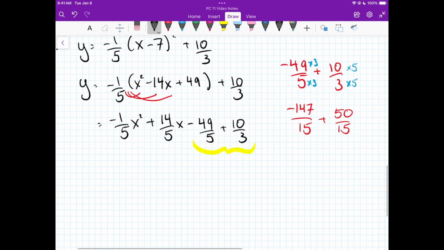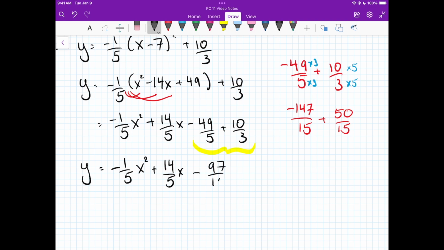And when you put those together and slot them back into the question with the rest of the equation, we've got negative 1 over 5 x squared plus 14 over 5x minus 97 over 15. And there we go. It's in a pretty ugly looking standard form, but it is in standard form.